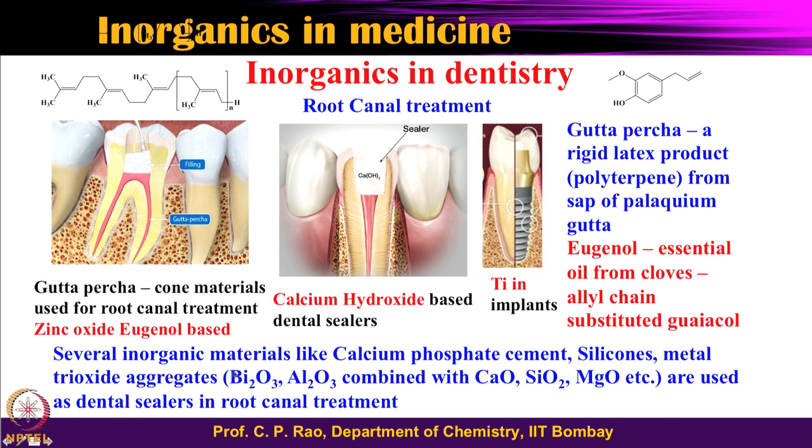Several inorganic materials like calcium phosphate cement, silicones, and metal trioxide aggregates like Bi2O3, Al2O3, which are combined with calcium oxide, silicon dioxide, magnesium oxide, etc. All of these are used as dental sealers in root canal treatment. So, almost everything is inorganic.